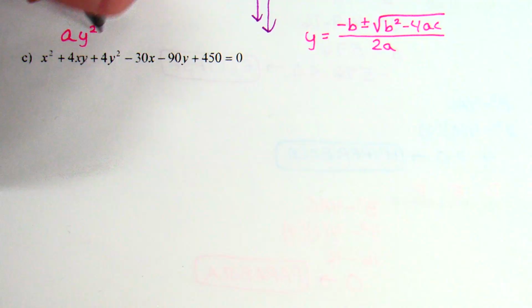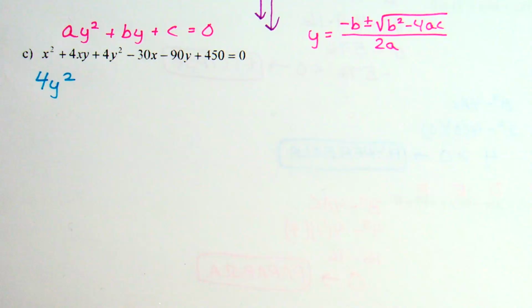What we need is our A, B, C values. What's A? A is 4, because A is the coefficient of the y squared term.